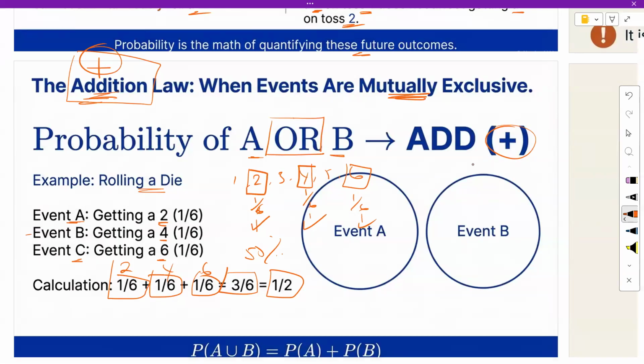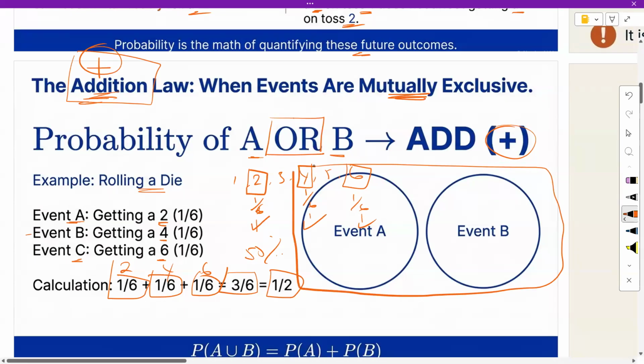Mutually exclusive events can be expressed in the Venn diagram like this. Event A, event B, these are not connected. Once you get event A, you can't get event B. When you get event B, you can't get event A. That is what a mutually exclusive event is.